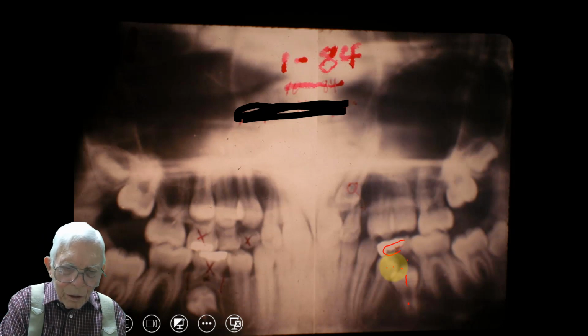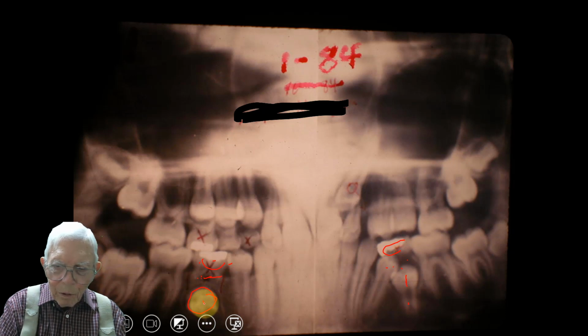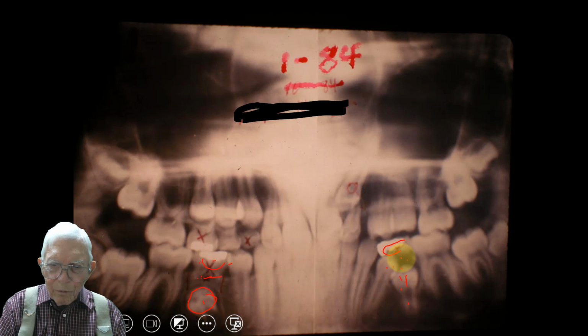And over on this side, they did a pulpotomy and filled that all in and saved that tooth, but this tooth is not developing properly right here, and it's going to be way down there when this one is already up in clear view.